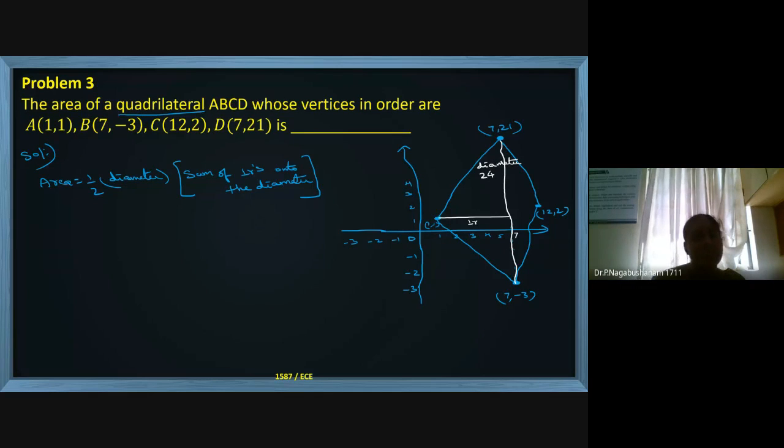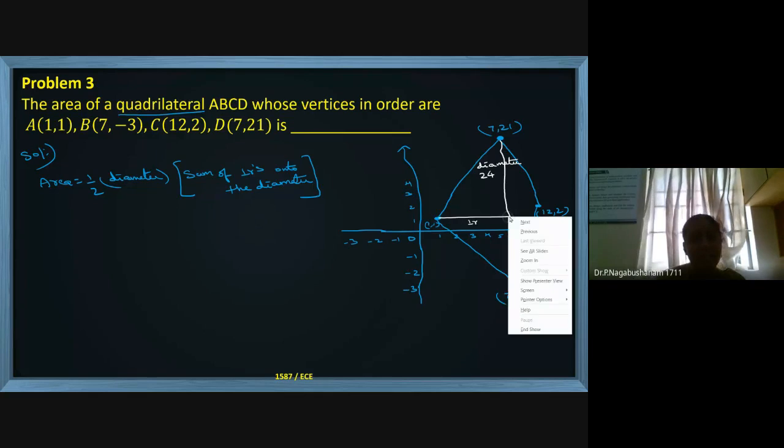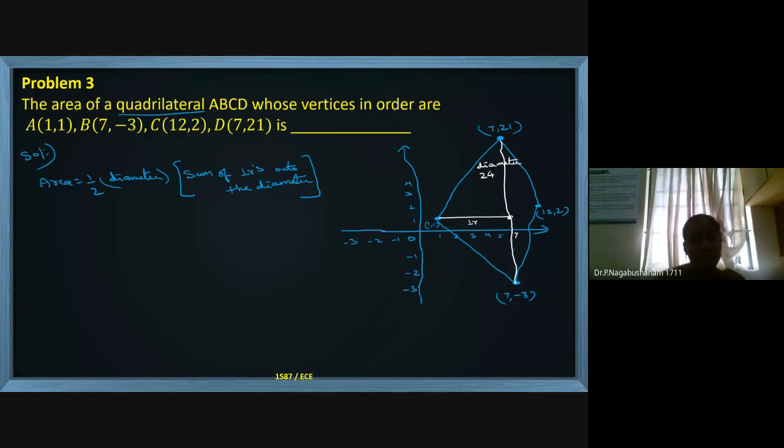The point where the diameter is touched by this perpendicular has x value 7, and the vertex has x value 1. So this length is 6 units, because on the vertex x value is 1, on the diameter x value is 7. 7 minus 1 is 6.